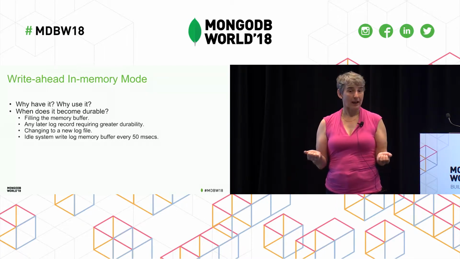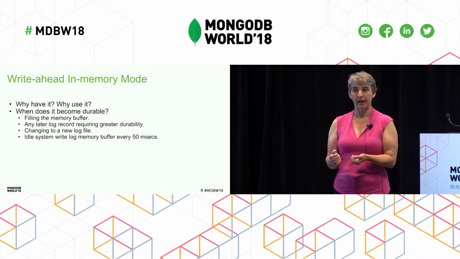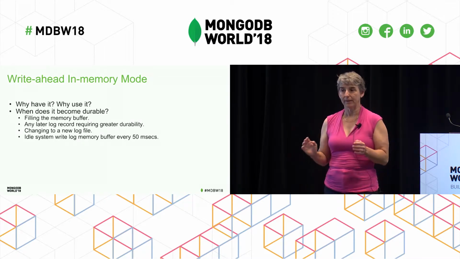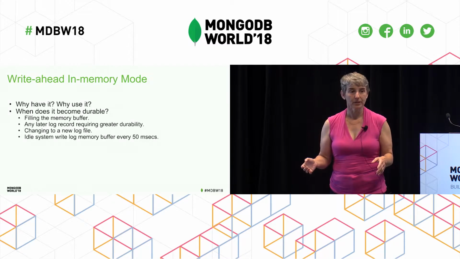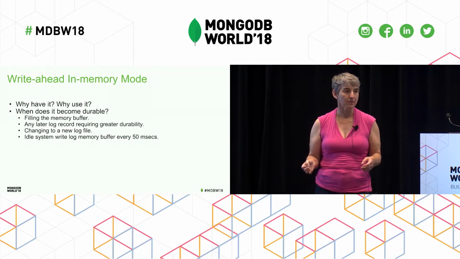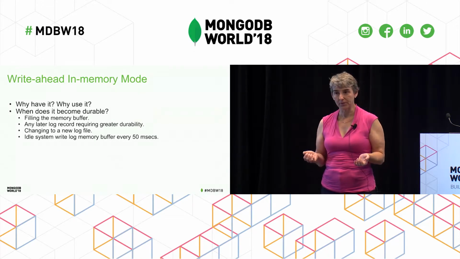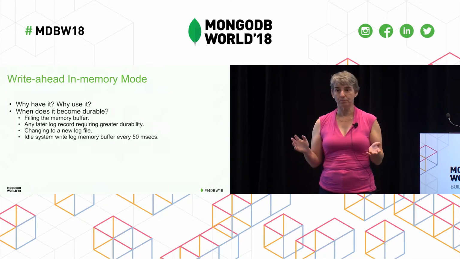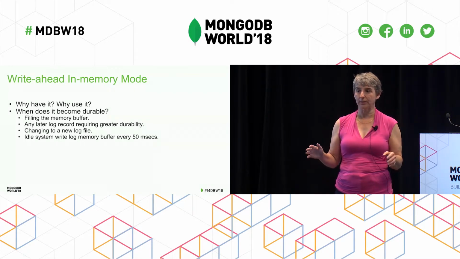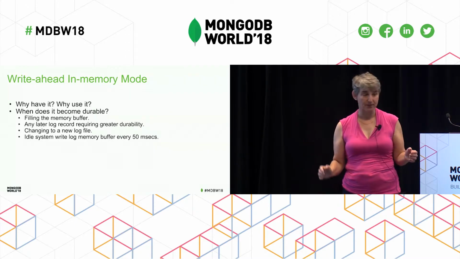And in the case of an idle system, where you did a write, it was written into memory, and now your system goes quiet, that will not languish in that memory buffer. WiredTiger has an internal thread that will write that out every 50 milliseconds, 20 times a second. So depending on your tolerance for risk, sometimes the in-memory mode can actually behave a little bit like write no sync mode with some 20 times a second.